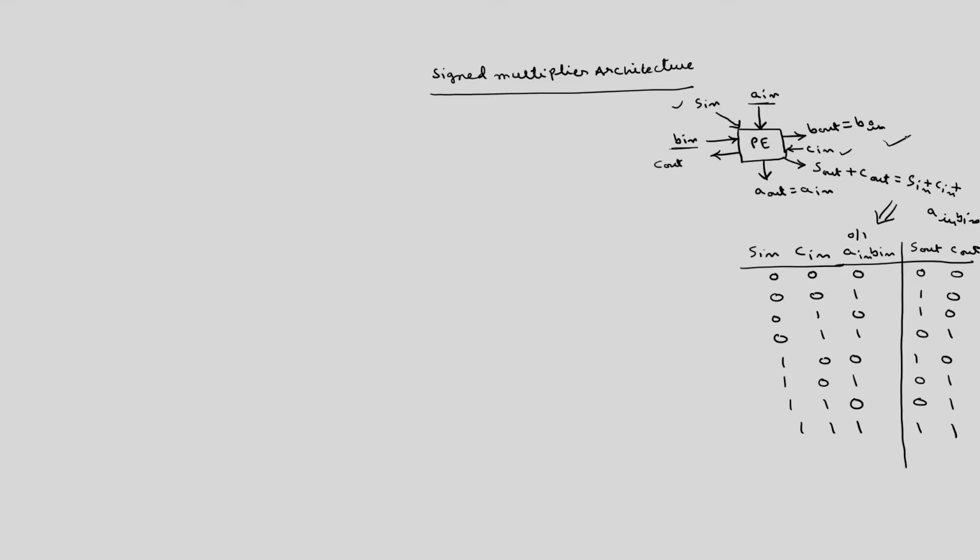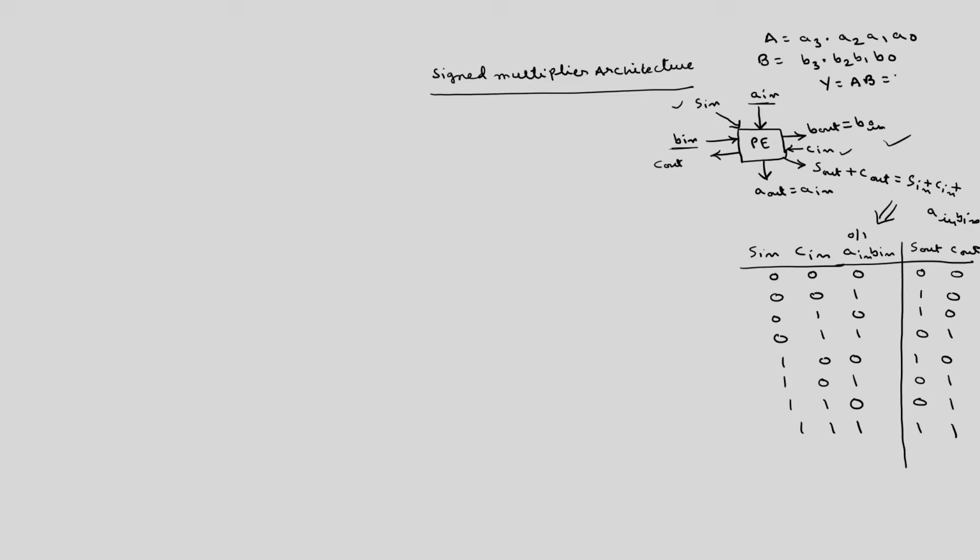Now, using these processing elements we have to construct the parallel multiplier. Basically, we have taken the multiplication of A as A3 A2 A1 A0, B as B3 B2 B1 B0, and Y we are taking as AB.